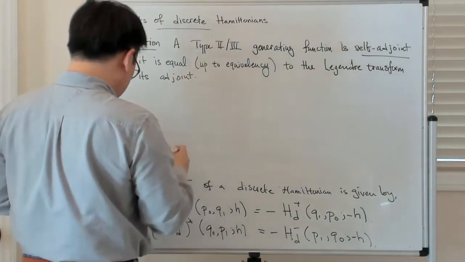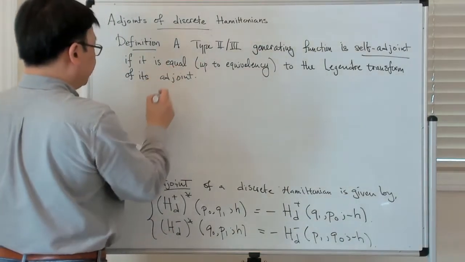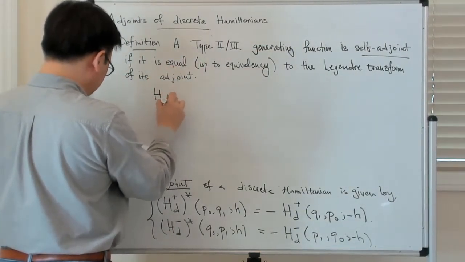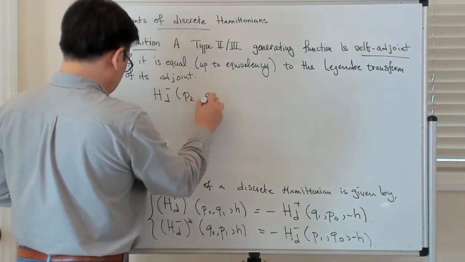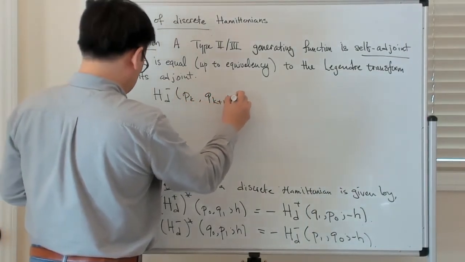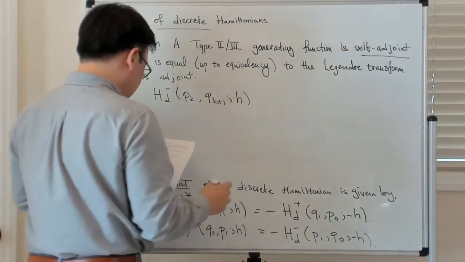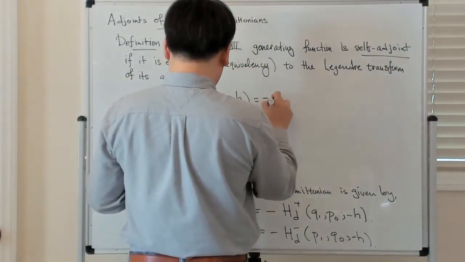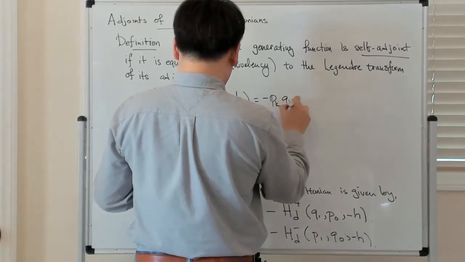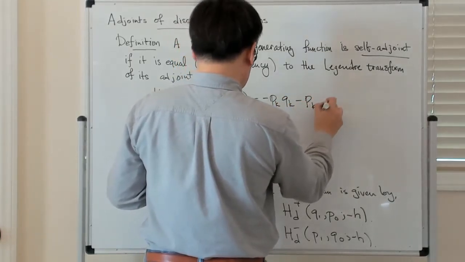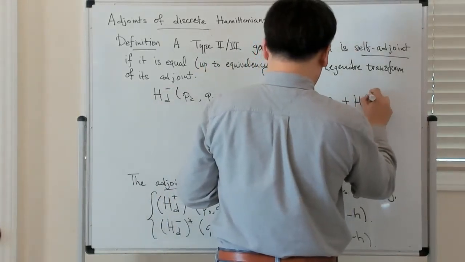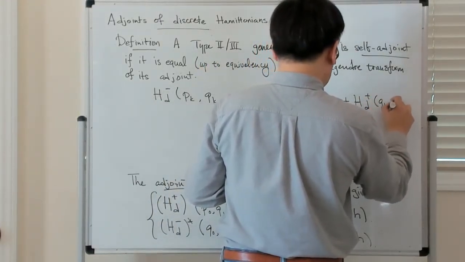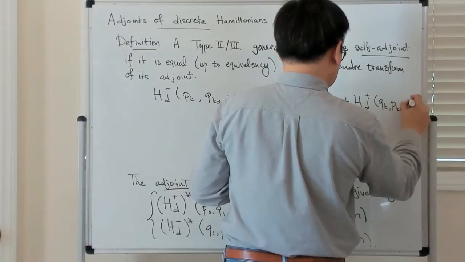And you can check that the two generating functions are related in the following way. HD minus, say, pk qk plus 1 h, is equal to minus pk qk minus pk plus 1 qk plus 1 plus hd plus qk pk plus 1, which depends on h.